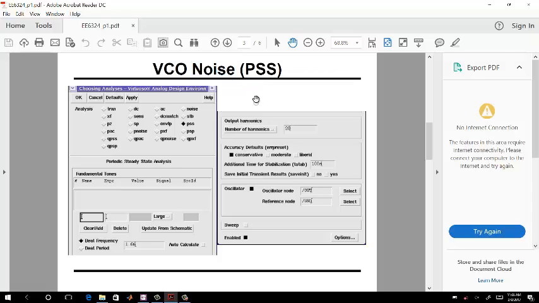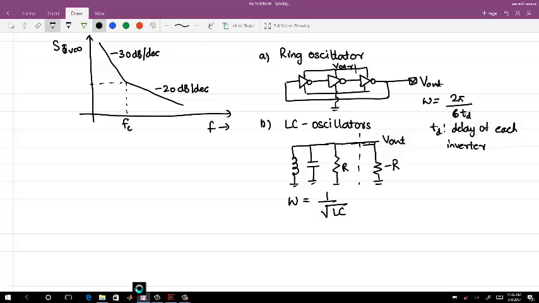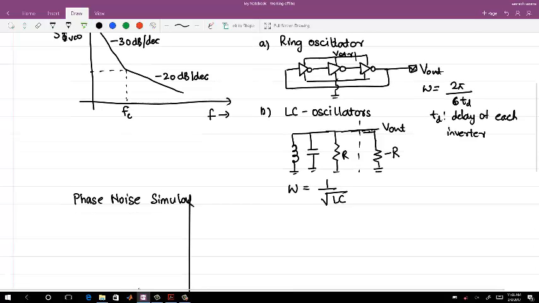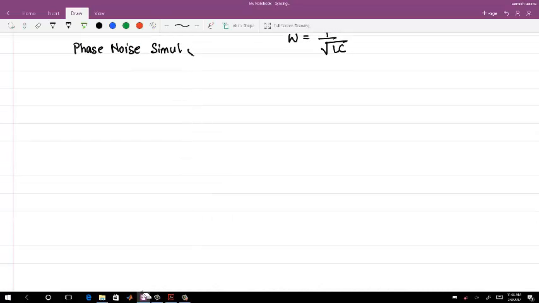Let me see if I can write it here. I can't. So for phase noise simulation of oscillator, this is for any of the oscillator, whether it's a ring or LC or any other kind of oscillator, right?